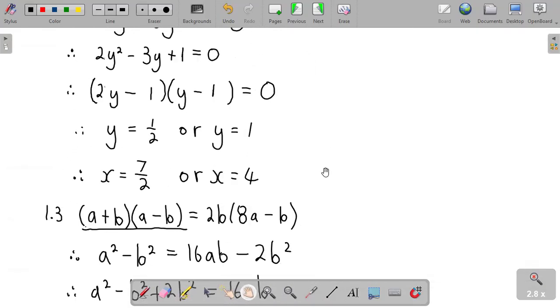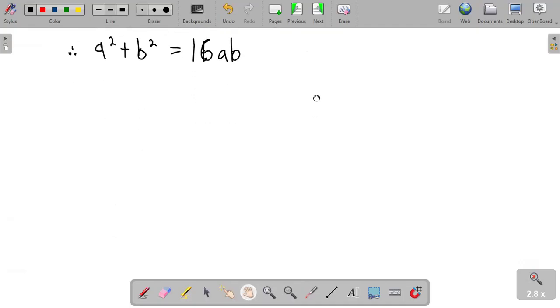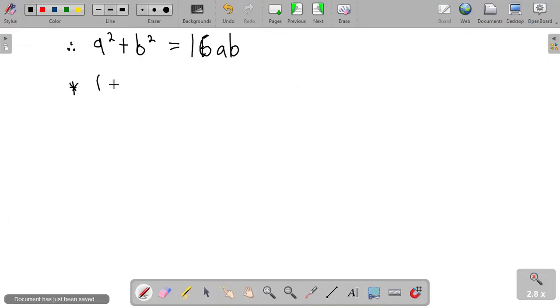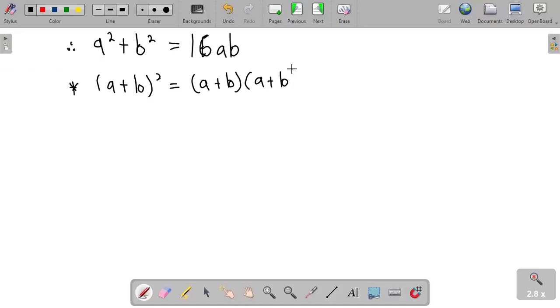Now when we find a plus b squared, what's going to happen? a plus b squared will then be equal to, isn't it, we have two brackets, a plus b and then a plus b. So it's going to be a squared plus ab, and then plus ab, and then plus b squared.